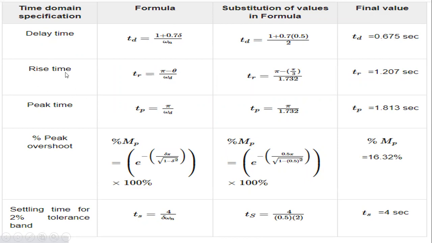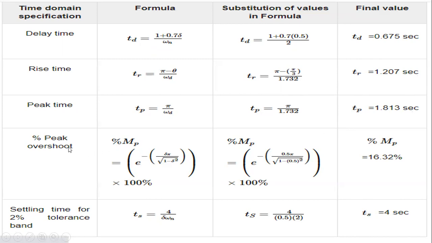Similarly, for the rise time TR, we calculate (pi minus theta) by omega d, that is (pi minus pi by 3) by 1.732, and we get TR equal to 1.207 seconds. Peak time TP is pi by omega d, whereas pi by 1.732, TP is 1.813 seconds.